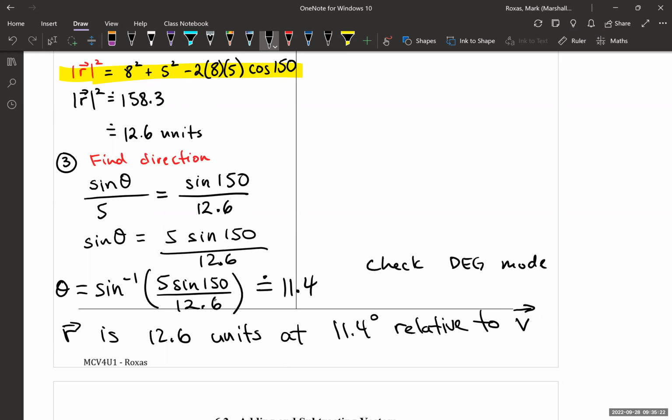Okay, so here's the concluding statement where, if I don't have quadrant bearings, like north, south, east, west, then I'm allowed to write it like this. So the resultant is 12.6 units at 11.4 degrees relative to the vector V. When I say relative to vector V, I look at my diagram.